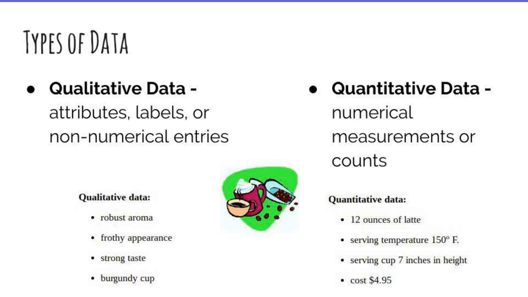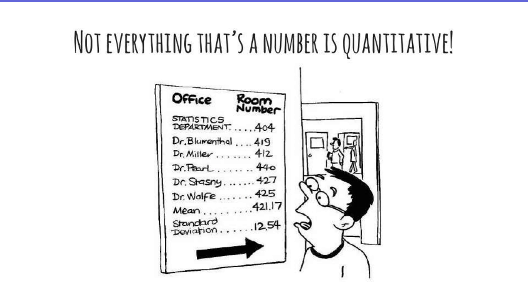However, there are some exceptions. Not everything that's a number is automatically quantitative data. What you have to ask yourself is, are these actual numbers, are they measurements, or are they just using numbers to identify things? Here's an example of room numbers. It's a list of the room numbers in this department. If I take the mean or the average of these room numbers, does that tell me anything about the rooms?